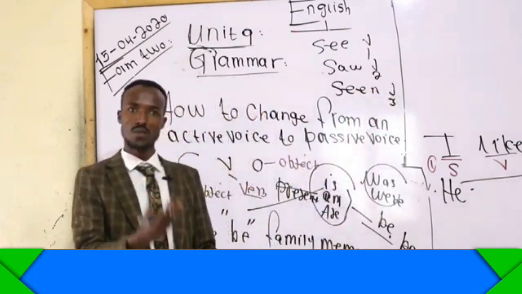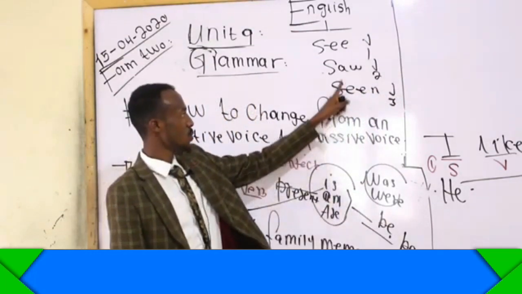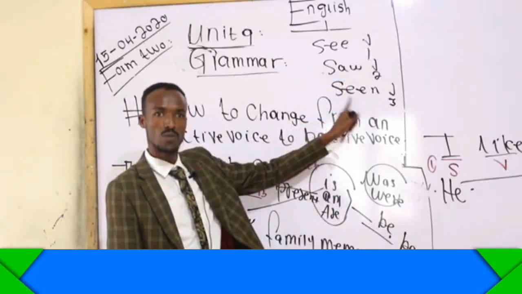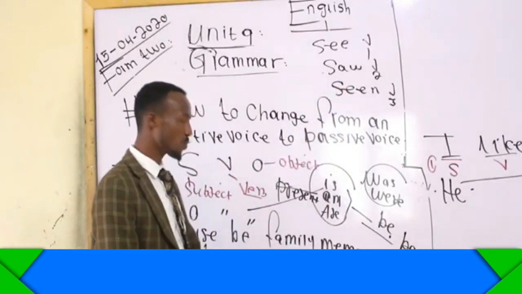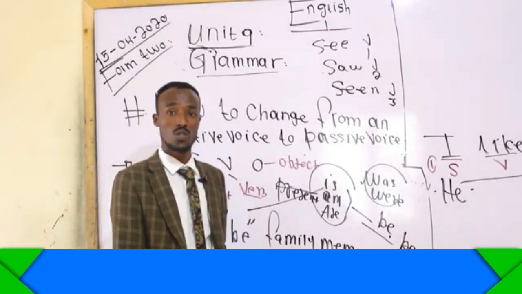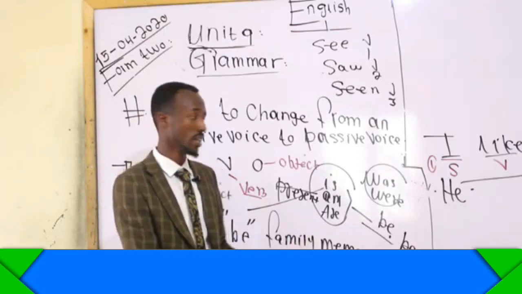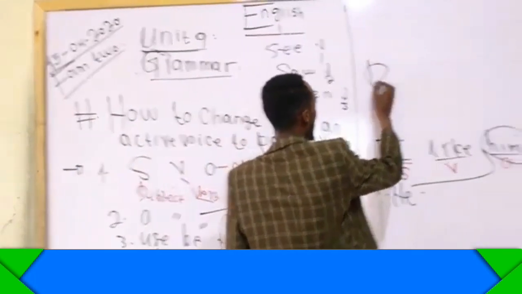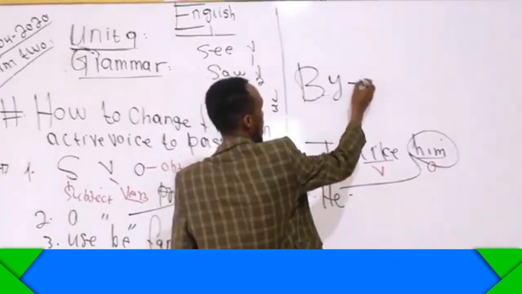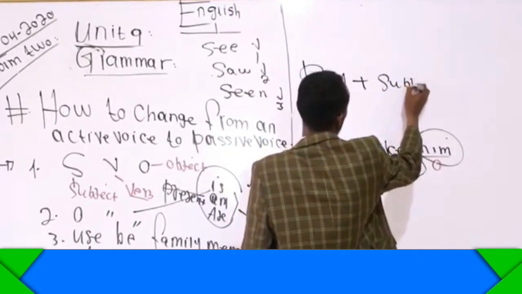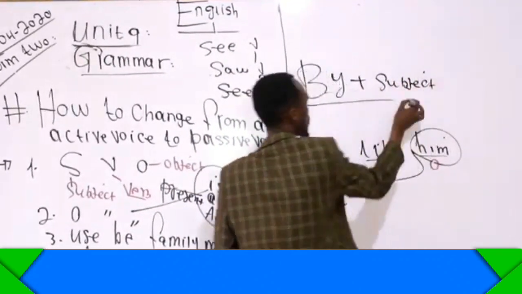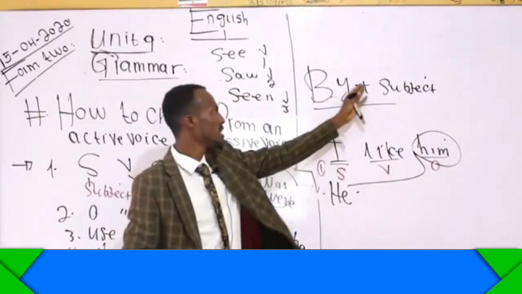In passive voice you always have to use the past participle of your verb. This is a simple formula. Sometimes you can add the word by plus subject. This one is optional. You can leave it out.